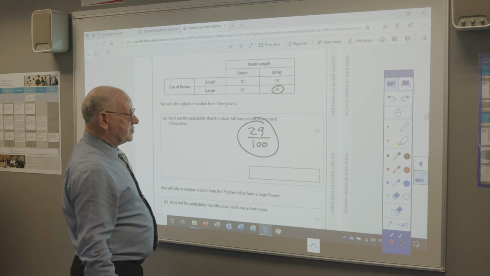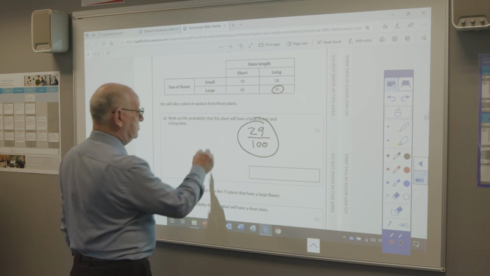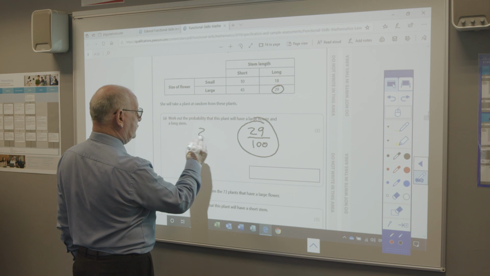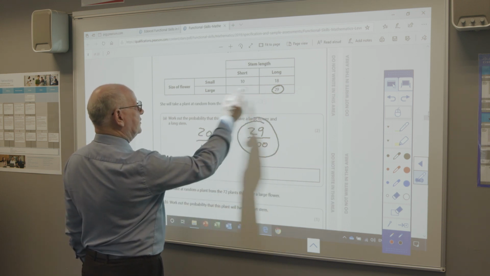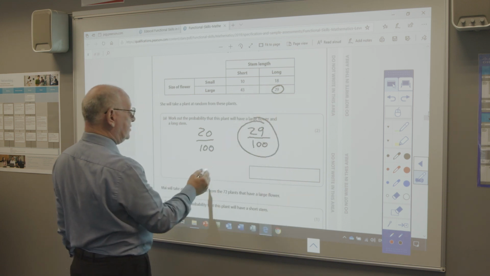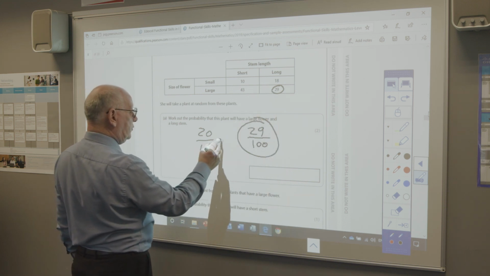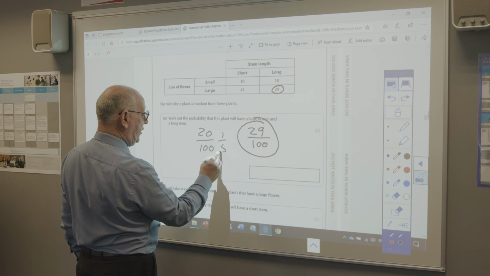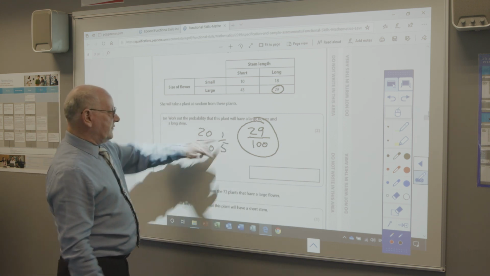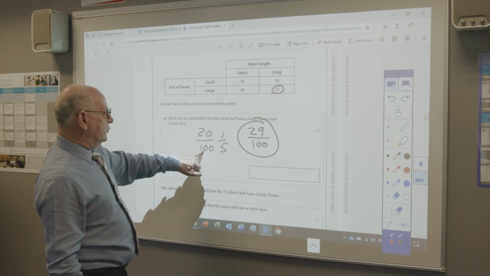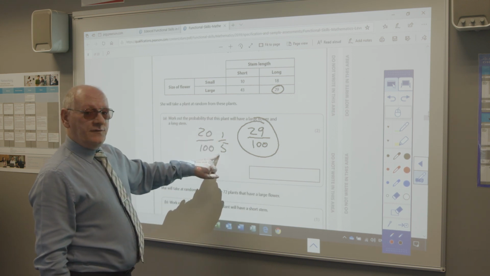If it was 20 out of 100, if there are only 20 flowers that have got large flowers and long stems, you could end up with a fifth by cancelling it down. Because 20 will go into 100 5 times. So you've cancelled 20 over 100 down to a fifth.